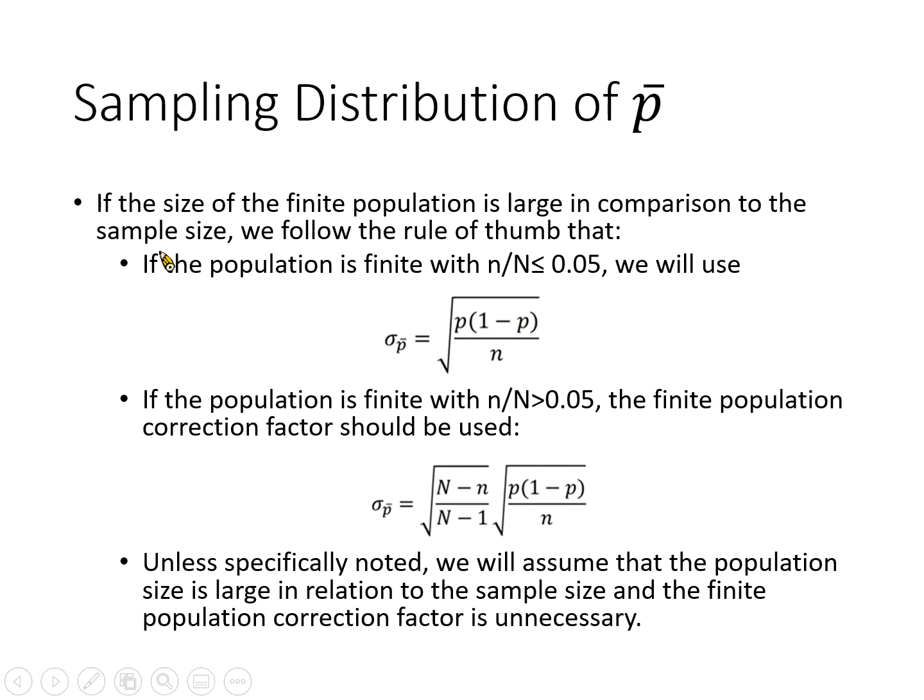When the population is finite but its size is very large, especially compared with the sample size, you have to consider the sample size divided by the population size. Is the value less than or equal to 0.05?